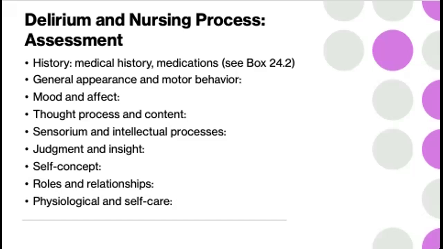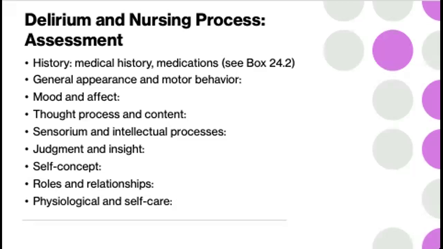Roles and relationships, they're not going to be able to fulfill their roles during delirium, but typically they'll regain function once the condition resolves. For self-concept, there's no direct impact. Delirium doesn't directly affect self-concept, but it can lead to helplessness, guilt, and shame, especially when it's compounded with substance use.